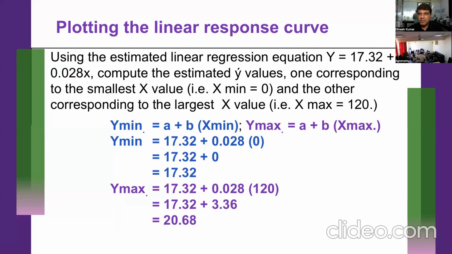Similarly, x max, the maximum dose of nitrogen or fertilizer or input or independent variable, is 120. So we can put 120 in the equation and estimate y at maximum x. It will be called y max.